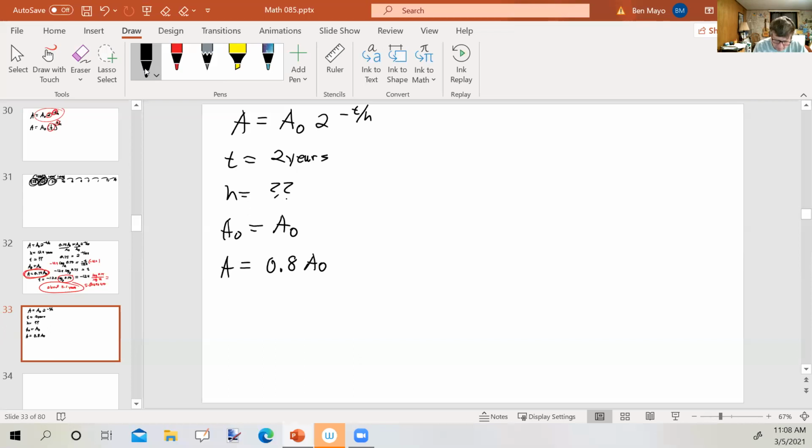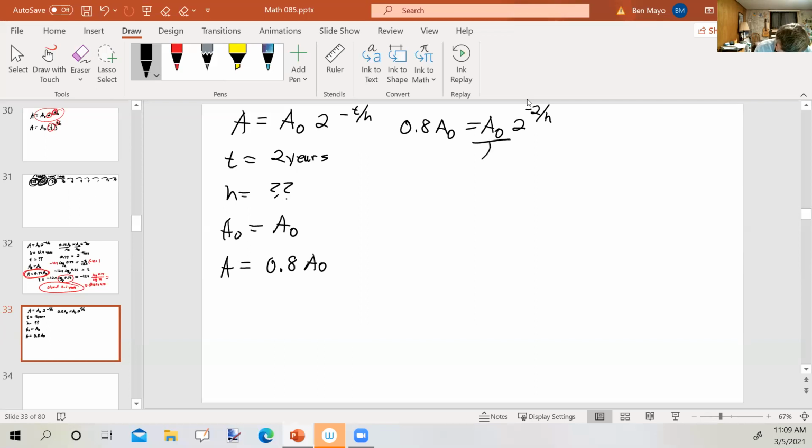All right. So now our equation becomes 0.8 A sub 0 equals A sub 0 times 2 to the negative 2 over H power. Now we're trying to solve for H. H is part of the exponent on 2.